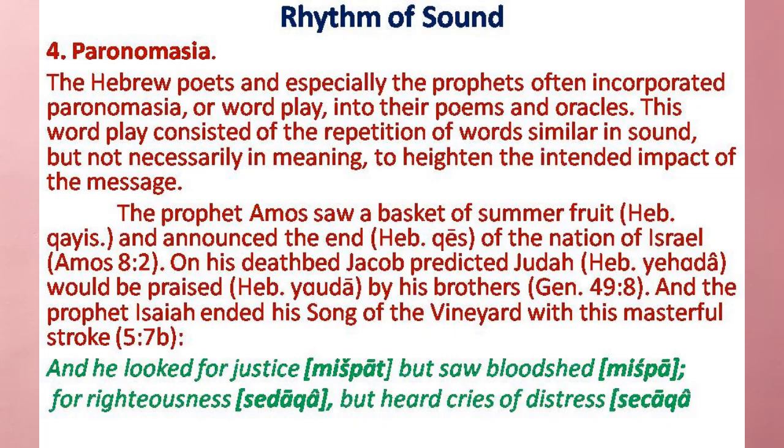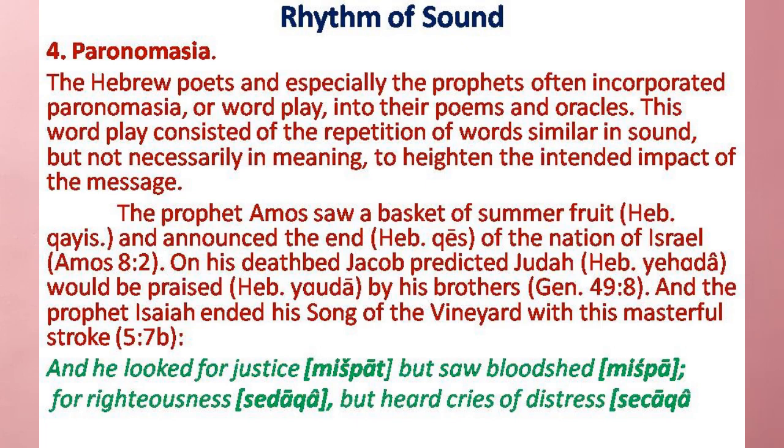The fourth major figure of speech used for the rhythm of sound is paronomasia. The Hebrew poets, especially the prophets, often incorporated paronomasia, or wordplay, into their poems and oracles.